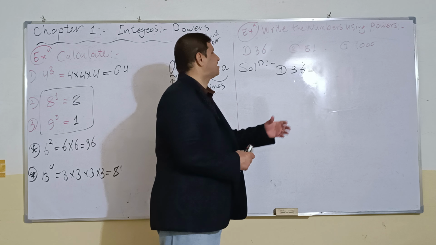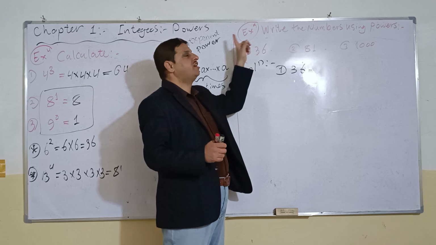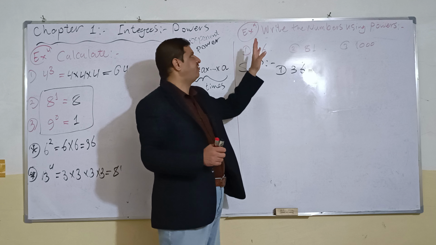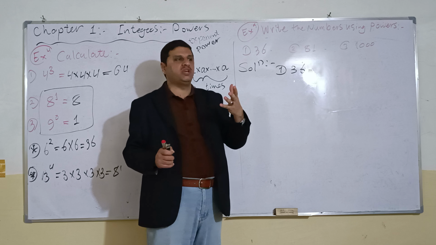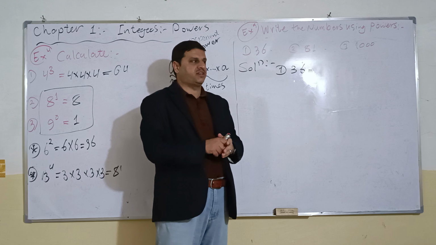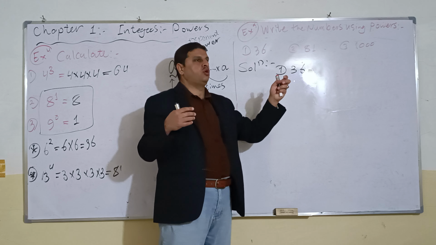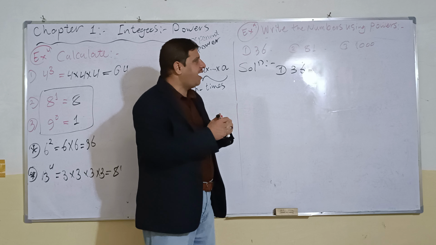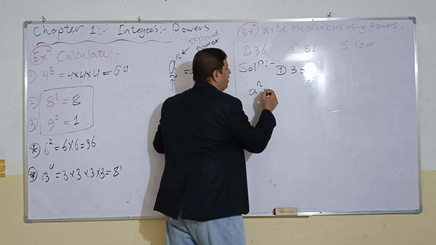Now, students, let's see how to solve example number 5. Write the numbers using powers. Number 1, 36. How can I write 36 in the form of a to the power n?